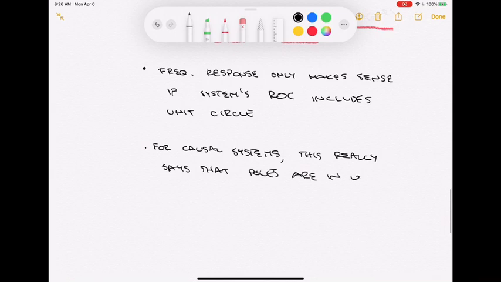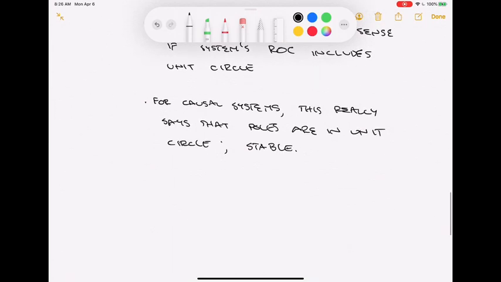If they're inside the unit circle and it's causal, the region of convergence is outside those poles, so it will include the unit circle. Or alternatively, you could say that the system is stable. So frequency response really is a concept, at least for the causal systems we generally talk about, of stable systems.